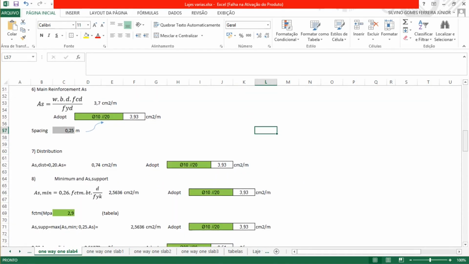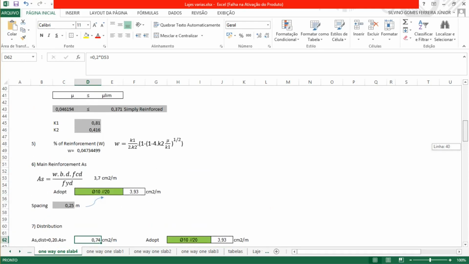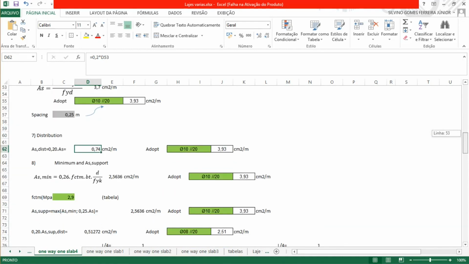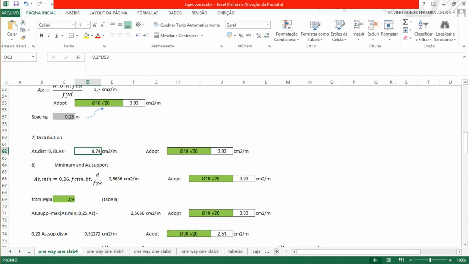And we know the distribution will be 20% of that steel. And this 20% is just multiplying the steel that was given, 3.7 square centimeters that we calculated, multiplied by 20%, 0.2. That gives us 0.74.